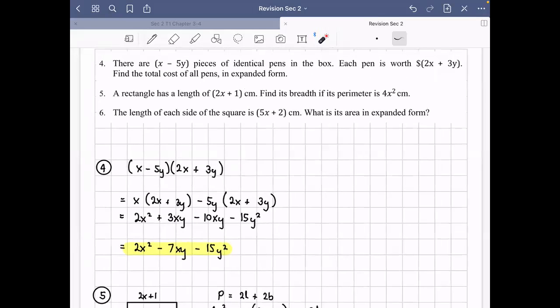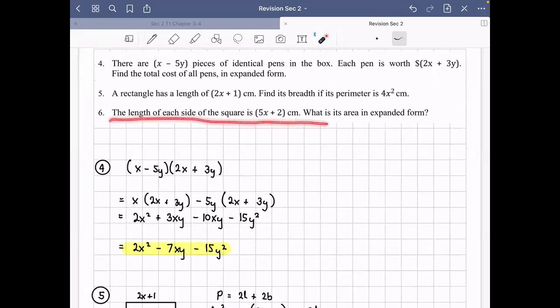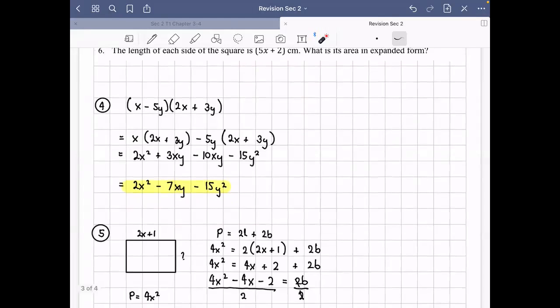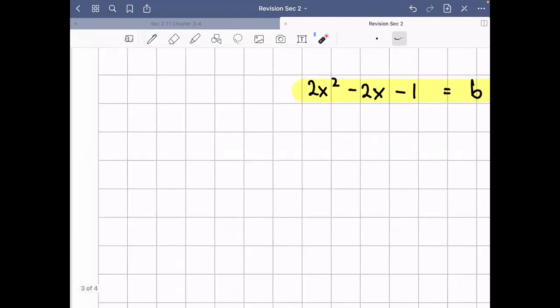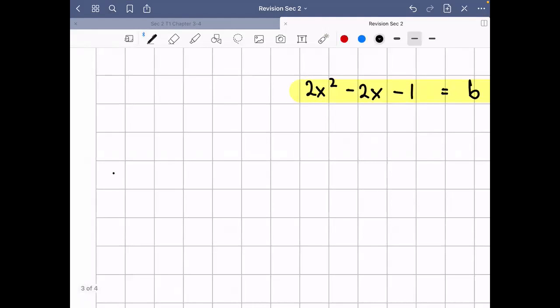Number 6, the length of each side of the square is 5x plus 2. What is its area in expanded form? Let me write number 6 first.